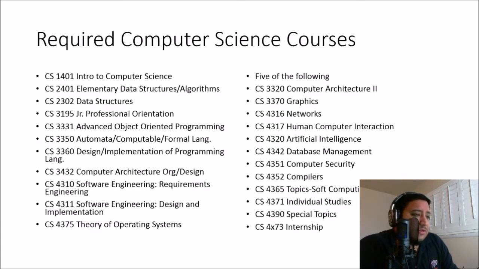So the classes here on the left are required by the degree for graduation, and the ones on the right are required as well, but they're optional in the sense that you can take any 5 of them. So Computer Science 1, 2, and 3, or Introduction to Computer Science, Elementary Data Structures, and Data Structures, are the leveling courses.